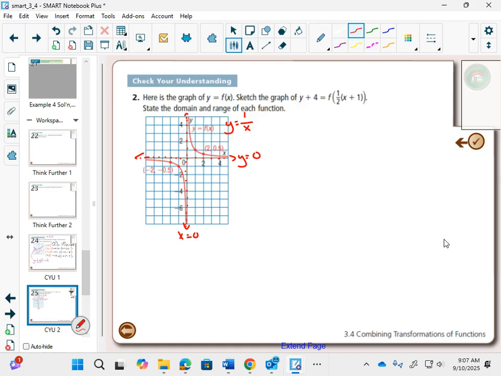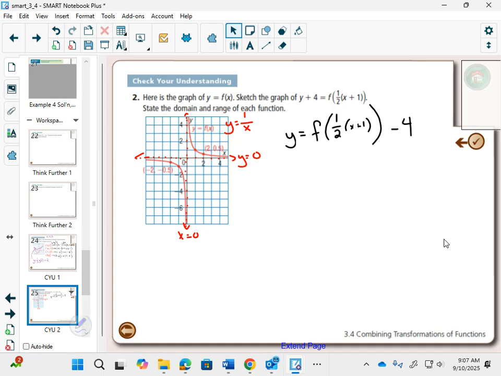Me personally, I would probably take the time, and sometimes when I write things out, I like to make my brackets different sizes. When there's brackets inside of brackets, I think it helps you visually see what goes together. And I would move the 4 to this side. Then I would go through from left to right and label things.